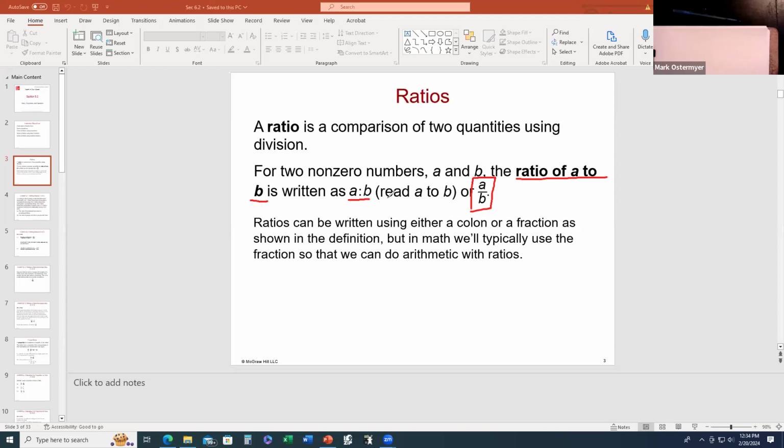In other words, we're talking about feet to feet, or inches to inches, or pounds to pounds, or gallons to gallons. Because the units in ratios are the same, the units will cancel out, and therefore ratios are actually unitless fractions.